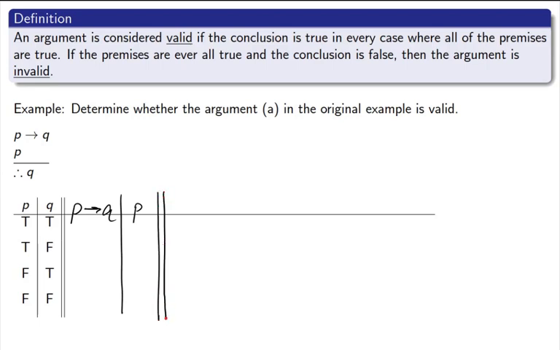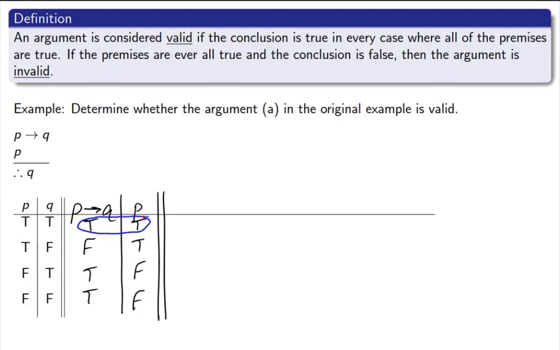Usually I put a double bar here as well. P implies Q. True implies true is true. True implies false is false, and the other two implications are both true. Then I'll copy P, true, true, false, false, and these are my two premises. There's only one place where both of my premises are true.